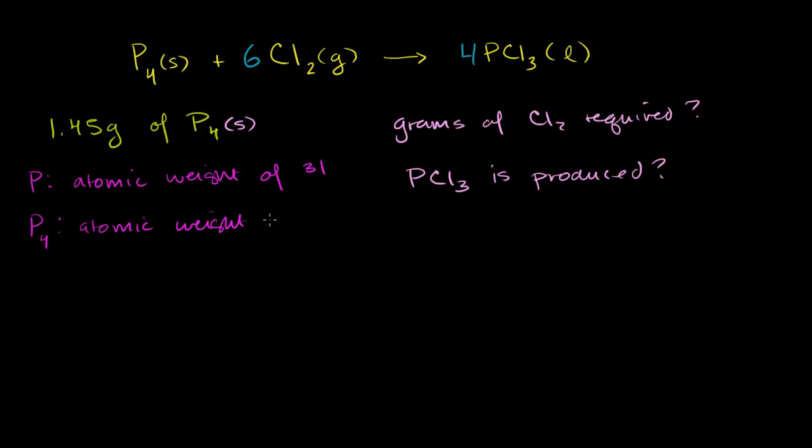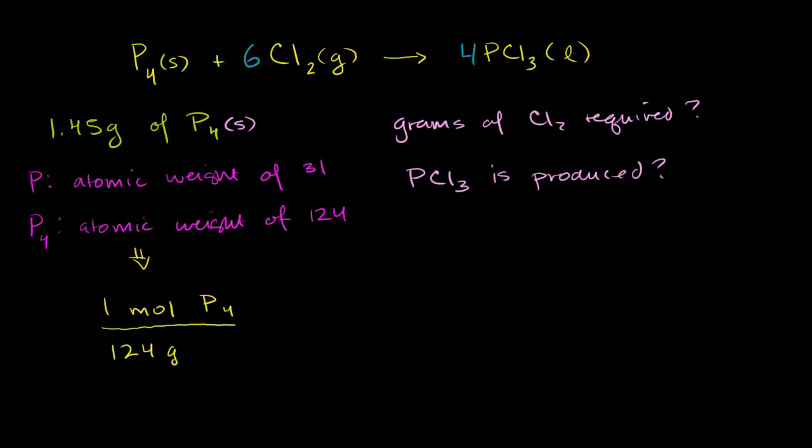It's 124, which means that 1 mole of solid molecular phosphorus is going to have, well, since we're doing grams, I should say a mass of 124 grams. Now, given that, we can use that with this information to figure out how many moles of molecular phosphorus we have, solid molecular phosphorus.